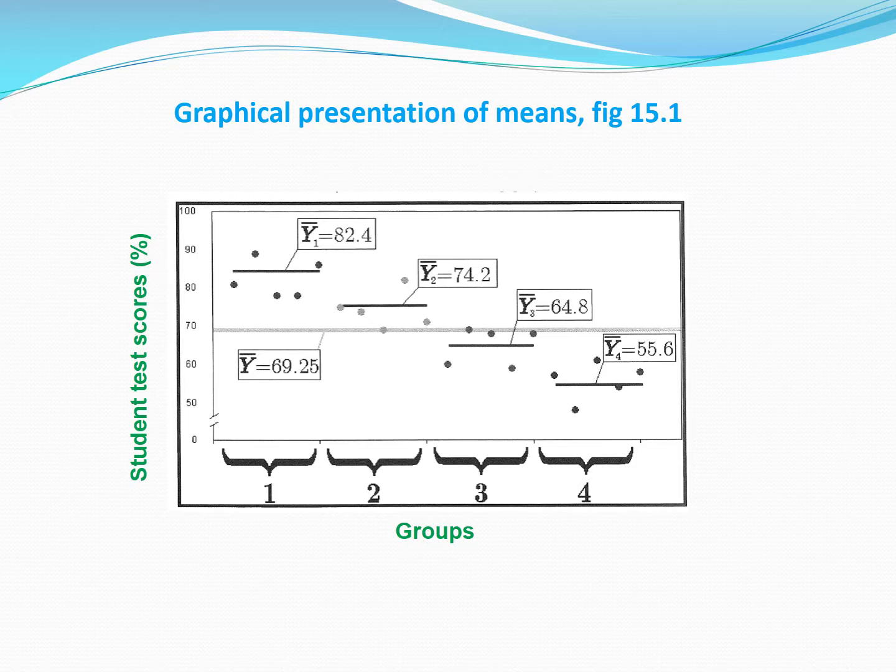Before we look at the hypothesis test for example 15.1, I also included the graphical representation of the means and the data from example 15.1, and this is provided in figure 15.1 in the textbook.